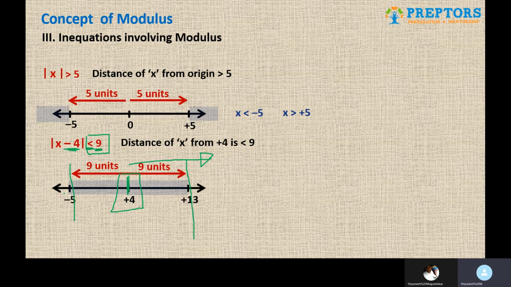So the values of x which will satisfy this inequation will be anything in between minus 5 and plus 13. x is greater than minus 5 and x is less than plus 13. You can substitute, you can check it out, you will get the same answer. But this is the beauty of doing things this way. You remember some simple things and it becomes a standardization, and you can apply it everywhere else also without having to compromise on greater learning.